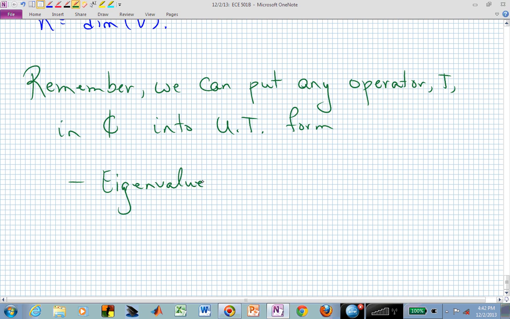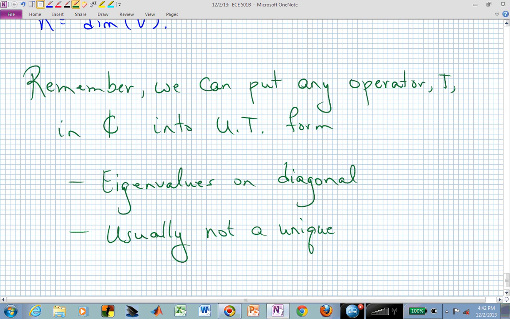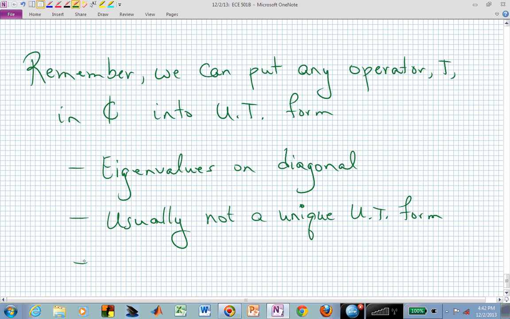When it is in upper triangular form, then the eigenvalues are going to be right there on the diagonal. That upper triangular form may not be unique, but that's okay. We still have our eigenvalues on the diagonal. Usually not a unique upper triangular form. That's not really the issue. It's what's on the diagonal.